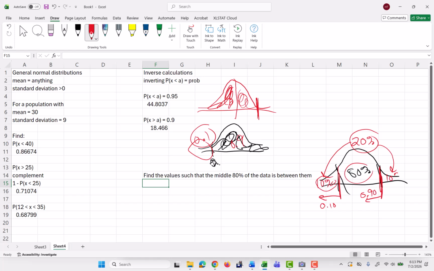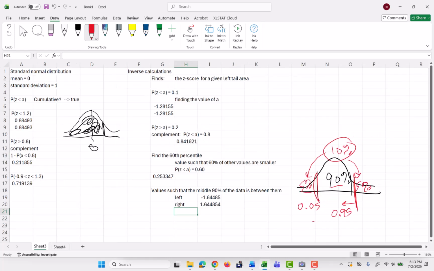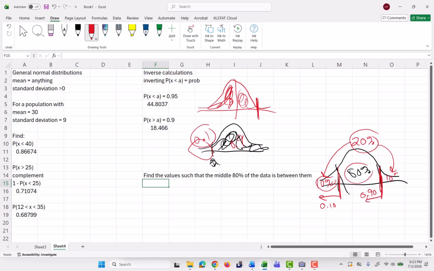Now, unlike the standard normal, remember in the standard normal, the two values were the same number, just one positive and one negative. But that's because the center of the curve was at 0. For a general normal distribution, the center of the curve is not at 0. So these will not be the same value, just one positive, one negative.